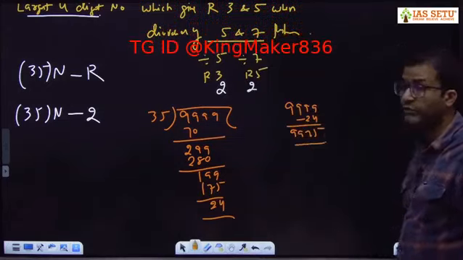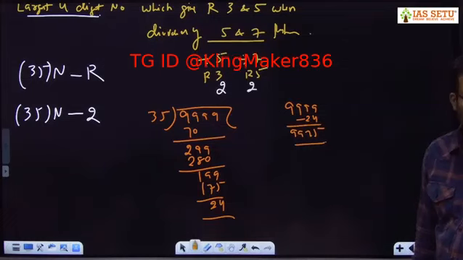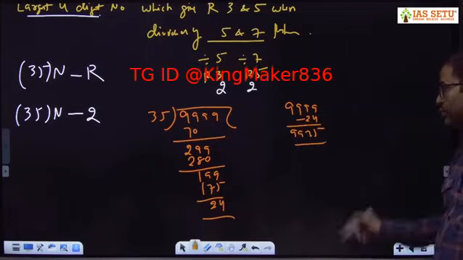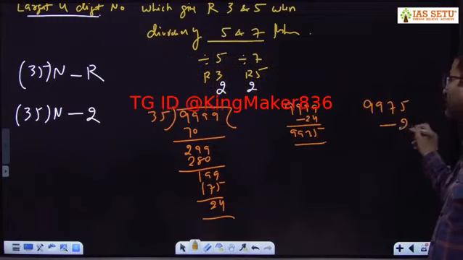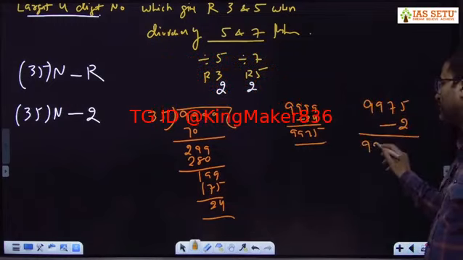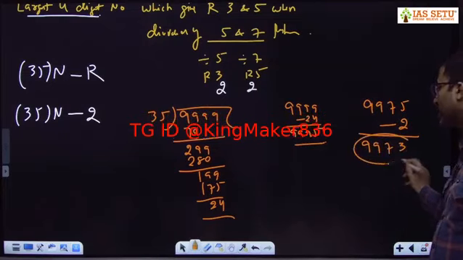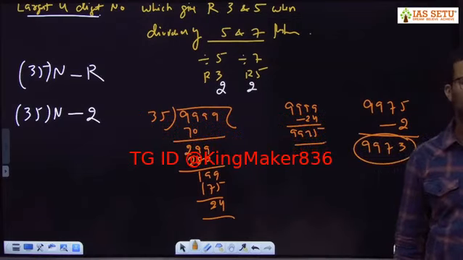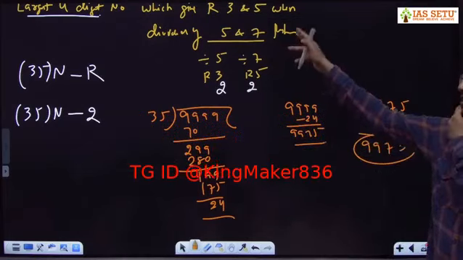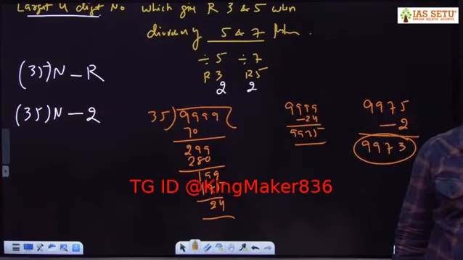Next step, will we do 9975 plus 2 or minus 2? Minus. If positive remainder is there, we add. If negative remainder is there, in the last step, we subtract. So your answer is 9973, such a number which gives remainder 3 and 5 when divided by 5 and 7 respectively.